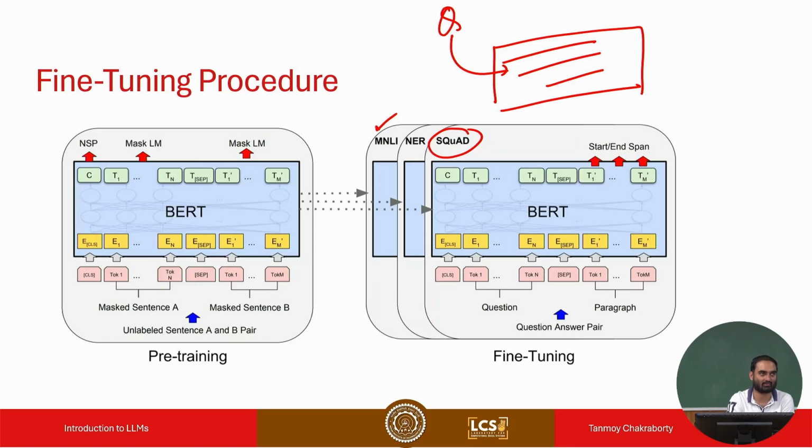Your task will be to extract a portion from the paragraph which corresponds to the answer. So extractive question answering, and then named entity recognition, NLI, and so on. You may not be able to use the pre-trained architecture directly for question answering and for NER. You need to adjust your architecture suitably for different applications, but the objective will remain the same: masked language modeling. So this is more or less about the encoder model.